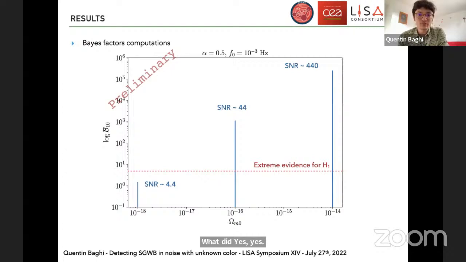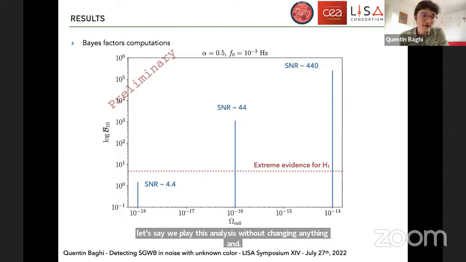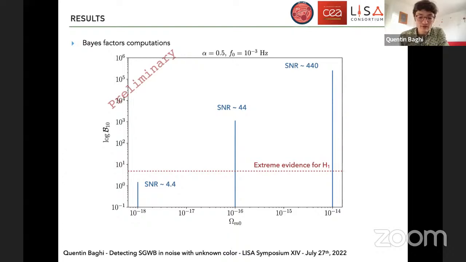So let's say we apply this analysis without changing anything and relax the assumptions. I think we will get bad estimates of the variance, I mean the uncertainties, if we don't include the off-diagonal terms of the covariance.